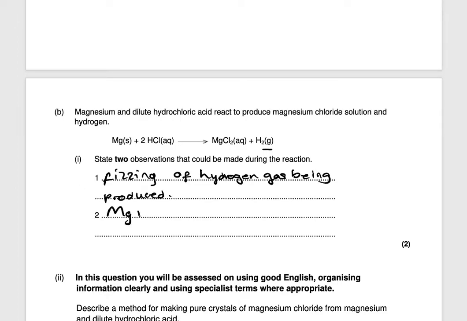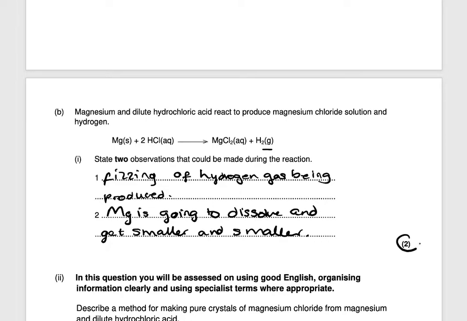So magnesium is going to dissolve and get smaller and smaller. Okay, and that would get you 2 marks.